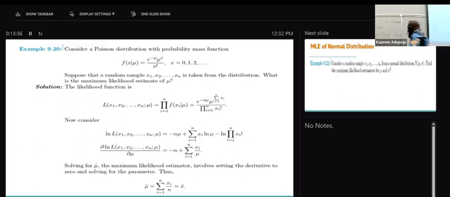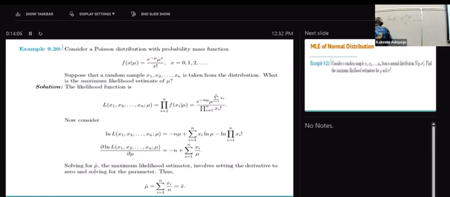Take a look at what I have now. My f of x, mu is e raised to power minus mu, mu raised to power x over x factorial, with x starting from 0, 1, 2 to infinity. This is a Poisson distribution. I'm seeking to get the MLE, the maximum likelihood estimate of mu.